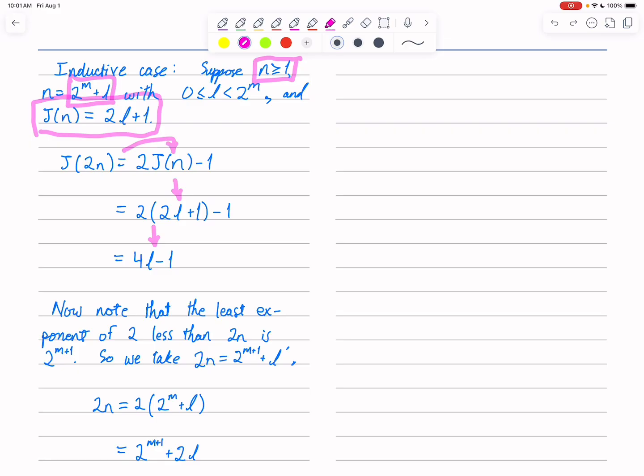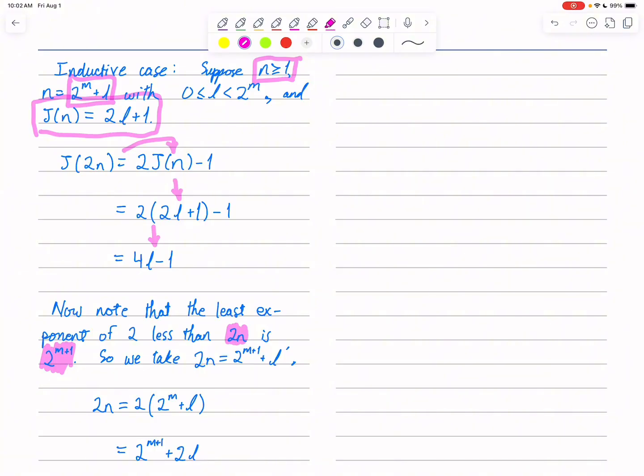We need to find the lowest exponent of 2 which is less than or equal to 2n this time. It doesn't take much work to demonstrate that if m is the least exponent of 2 such that 2 to the m is less than or equal to n, then 2 to the m plus 1 is going to be the least power of 2 which is less than or equal to 2n.